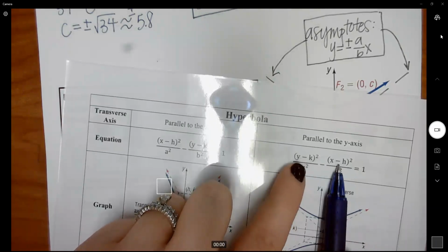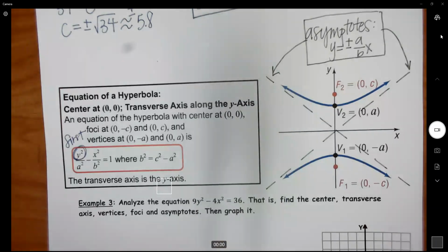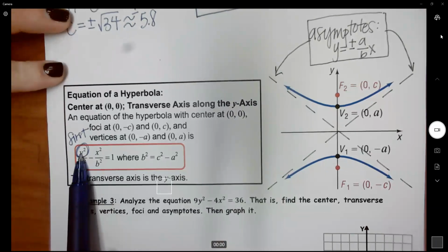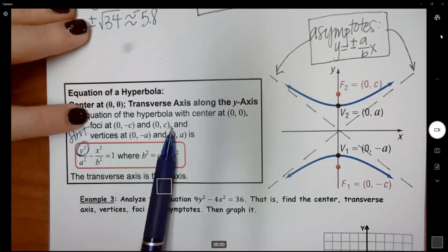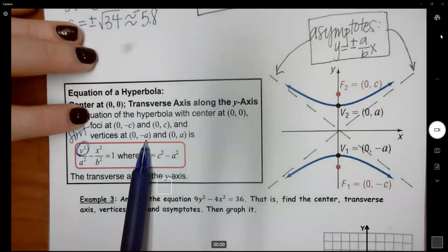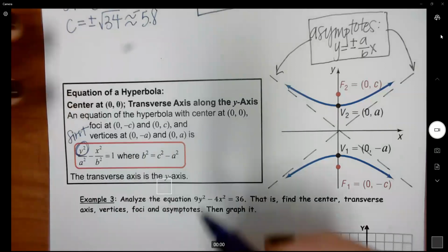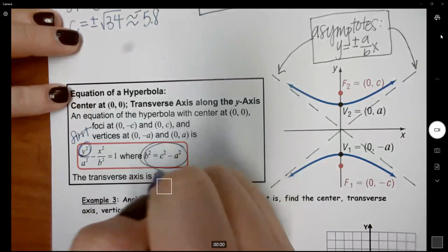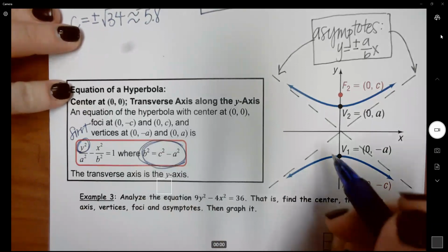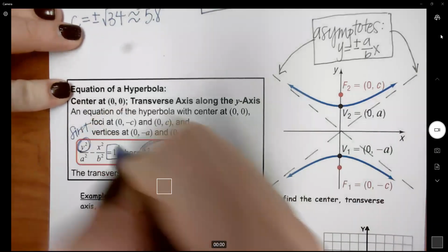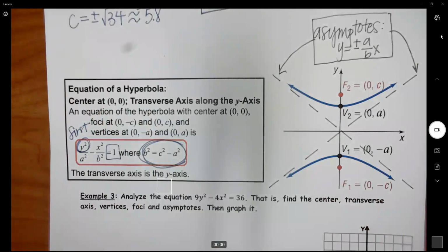If it is just x squared, y squared, that means it's 0. The foci and the vertices are still C and A. This formula does not change, so we will use that again to find either B or C. And these will still always be equal to 1.